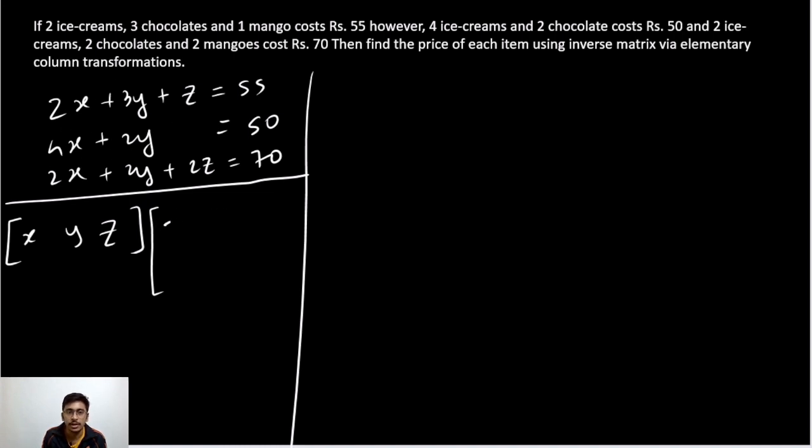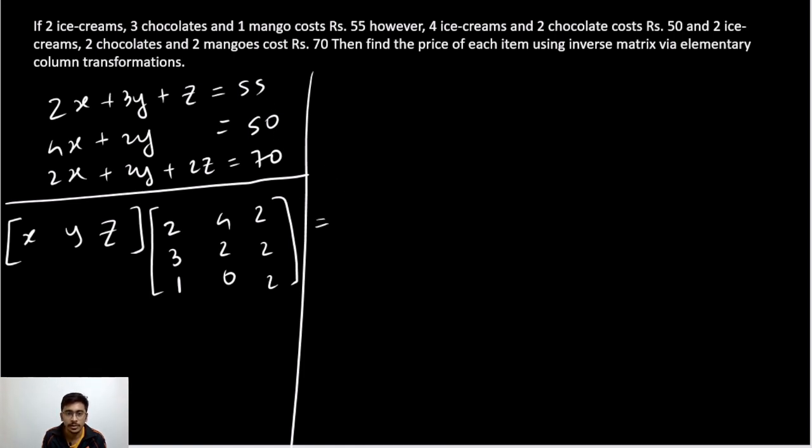We have to write 2, 3, 1, because then we'll get 2x and 3y and 1z. This is the first equation. Followed by the second equation, which will be 4, 2, 0, correct? And the third equation will be 2, 2, 2. So by multiplying these two, we want to get 55, 50 and 70.